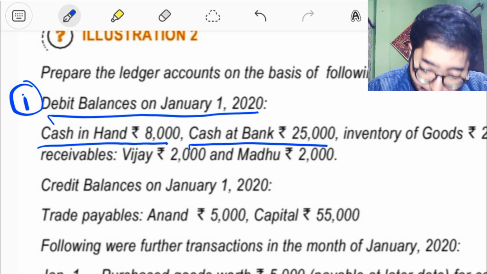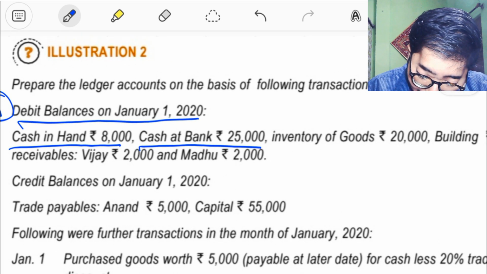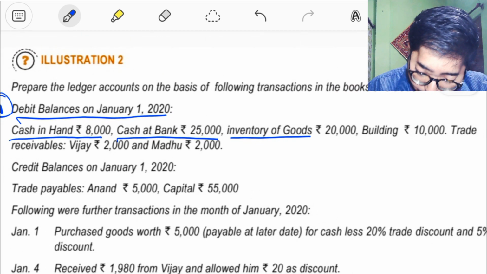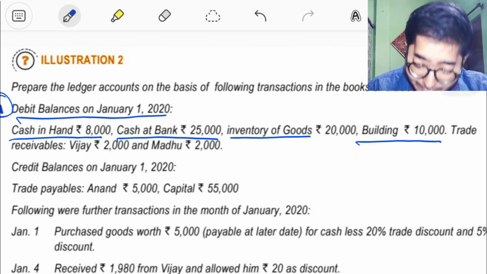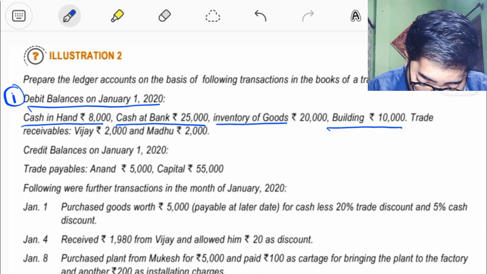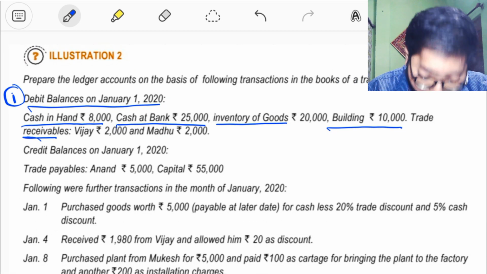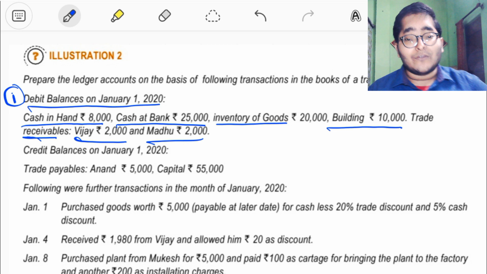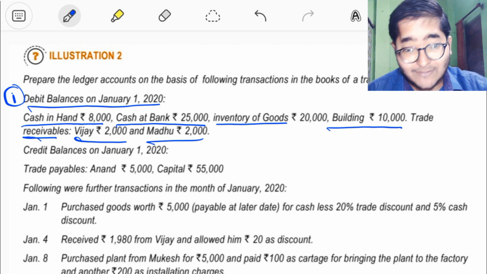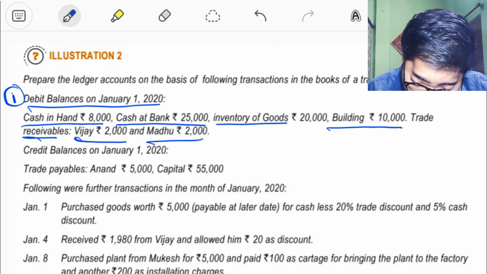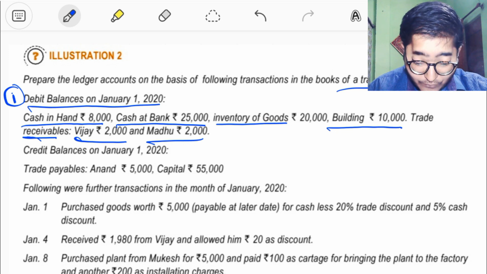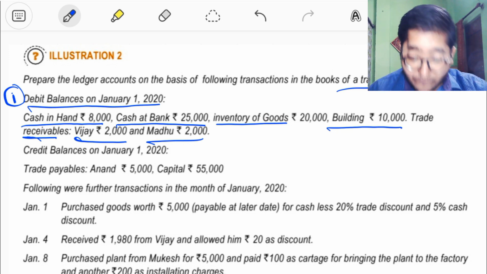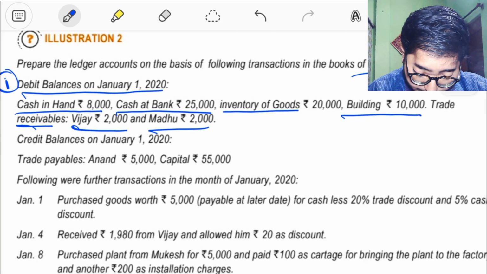Cash at bank, 25,000. Inventory of goods, 20,000. Building, rupees 10,000. Trade receivables, Vijay rupees 2000 and Madhu rupees 2000. So Vijay and Madhu both are trade receivables. The business of this trader is going to receive money from Vijay and Madhu.